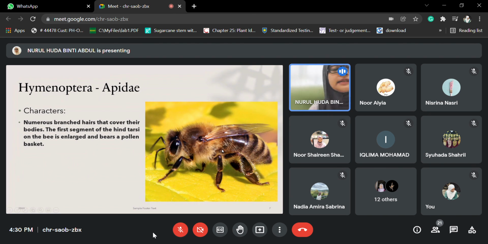There are still other parts that you may use to differentiate bees from other hymenopterans, but we cannot see them clearly.